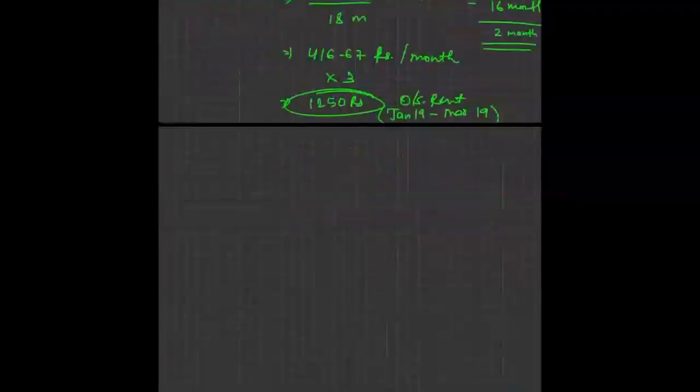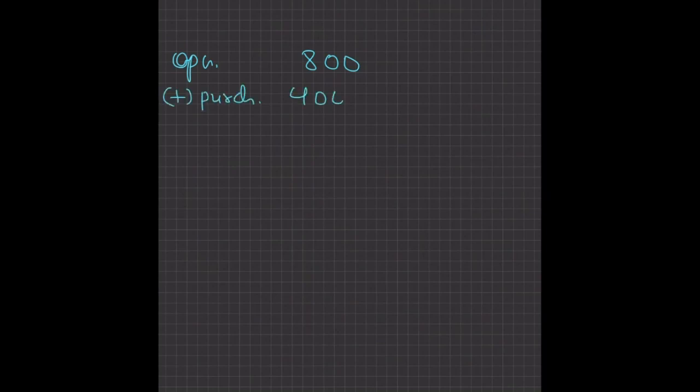Sir, how you calculated that? So you have opening prices stock of 800. Then you purchased more prices of 4,000, and now you are left with only and only 500 rupees stock of prices. That is your closing stock of prices.